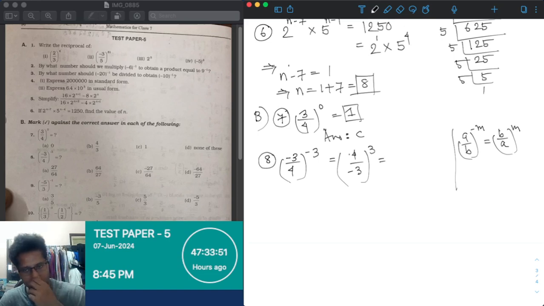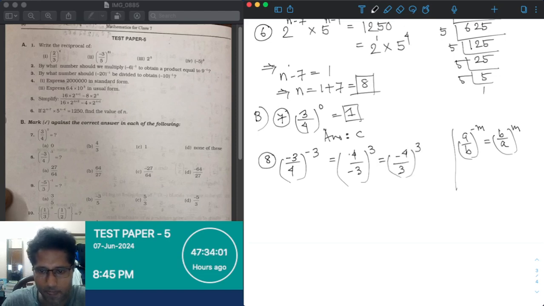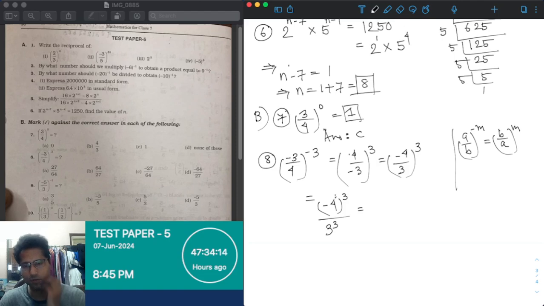So now the reciprocal, the base is 4 by minus 3. We have to convert that into standard form, the rational number, which becomes minus 4 by 3 to the power 3. If we express it as a rational number, this will be minus 4 to the power 3 and 3 to the power 3. Now minus 4 to the power 3, the base is negative and the power is odd.